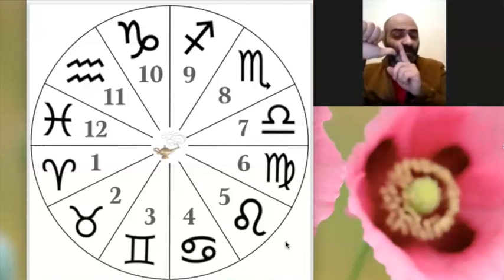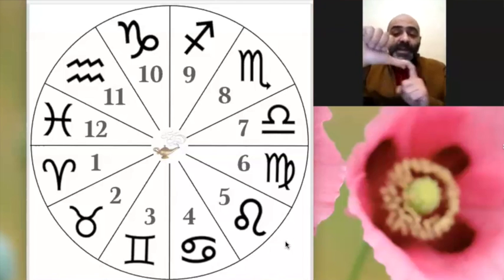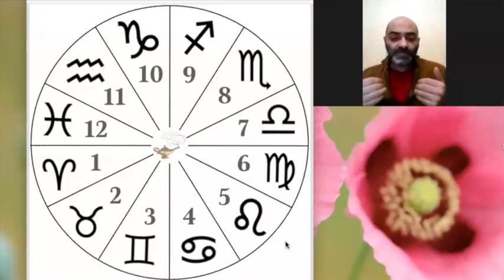The first house represents birth, the birth of the individual. It relates to the self, to the personality, and it indicates the basic character of the individual. It relates to the appearance, to the physical body, specifically the head.